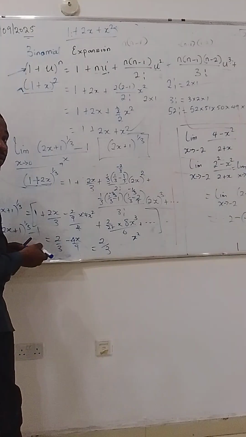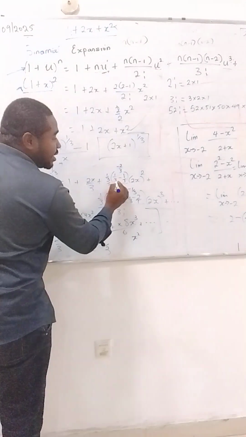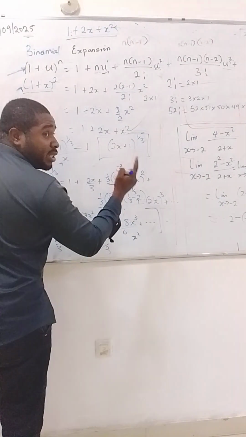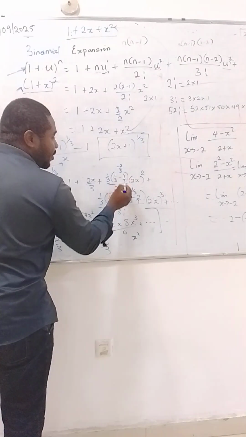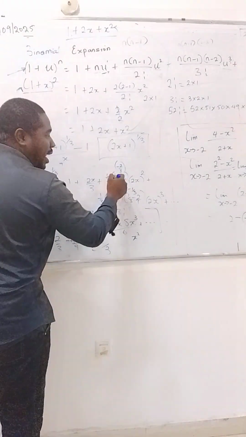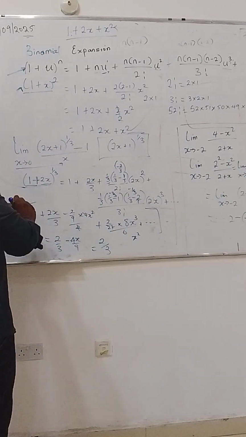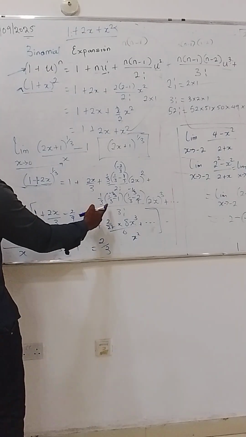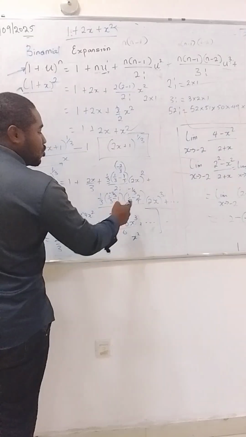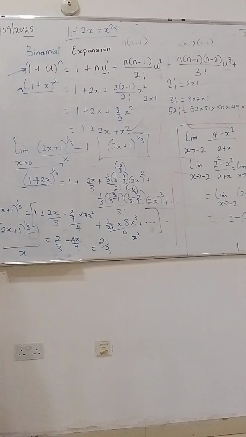Then you look for the LCM, which is 3. 1 into 3 is 3. So when you multiply here, you have 3. So 1 minus 3 is minus 2. So if you evaluate what is in this bracket, you get this one. Right? Fantastic. So the next thing is to do the second one, which is 1 over 3 minus 2. You do the same thing, you're going to get 1 over 3.